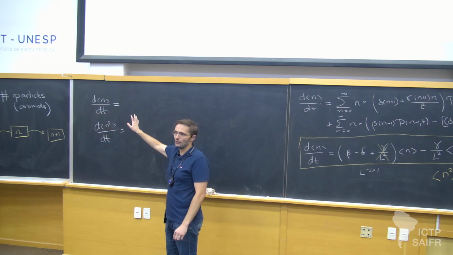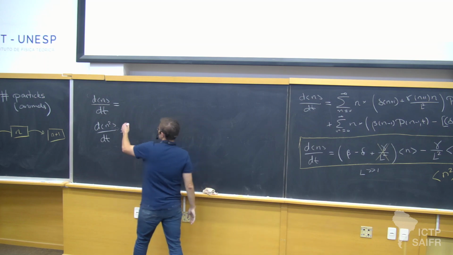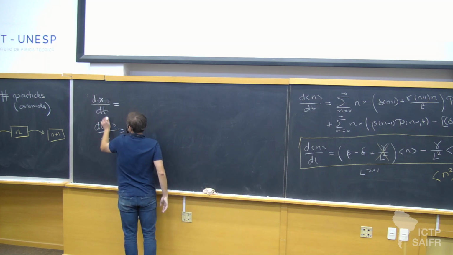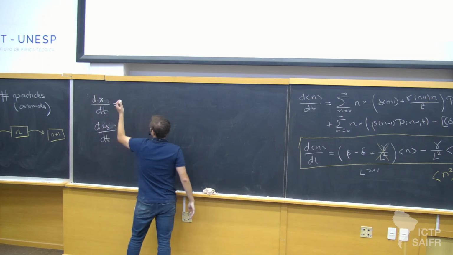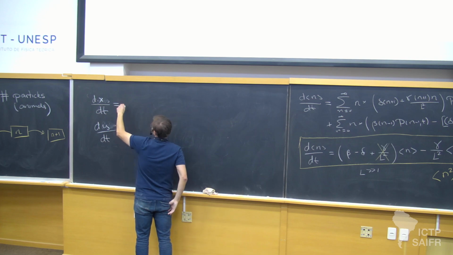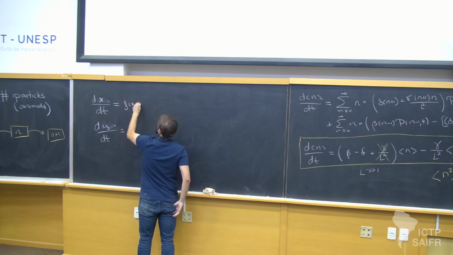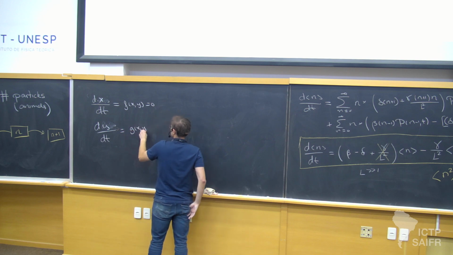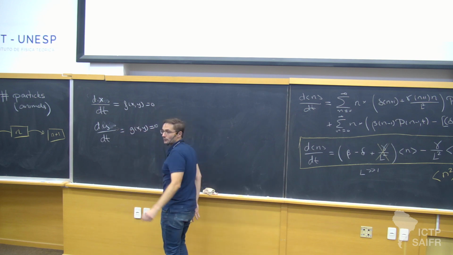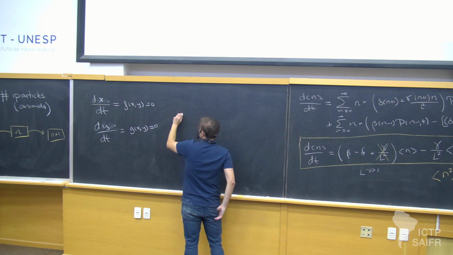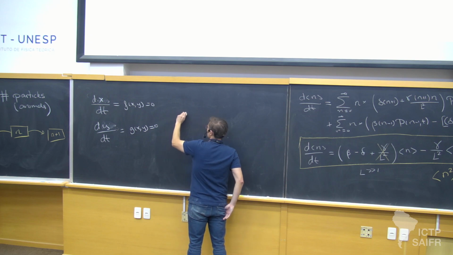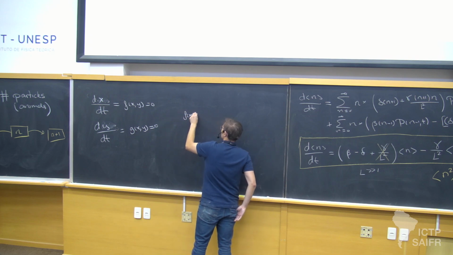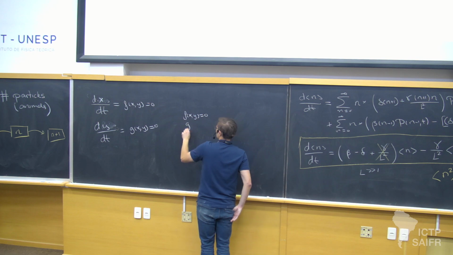I'm not going to write you the actual equations, but keep in mind that your equations are for x and y, and you have here f(x,y) and here you have g(x,y). If you want to obtain the second moment, basically what you have to do is solve this system of two algebraic equations.